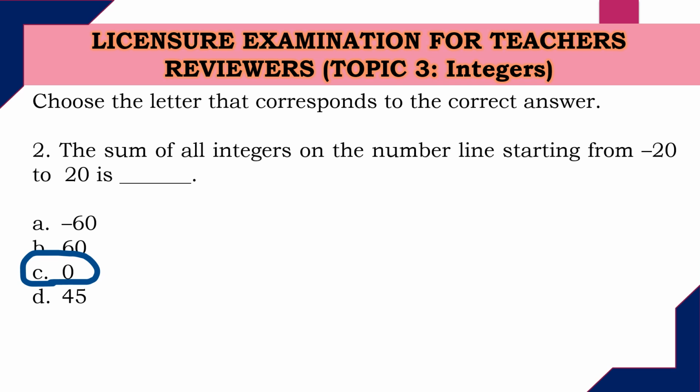Shortcut is negative 20 plus 20, that is equal to 0. Also, negative 19 plus 19 is 0. Negative 18 plus 18, that is 0. Negative 17 plus 17, that is also 0. And the same with the other numbers that are in the given range. The sum is always 0.